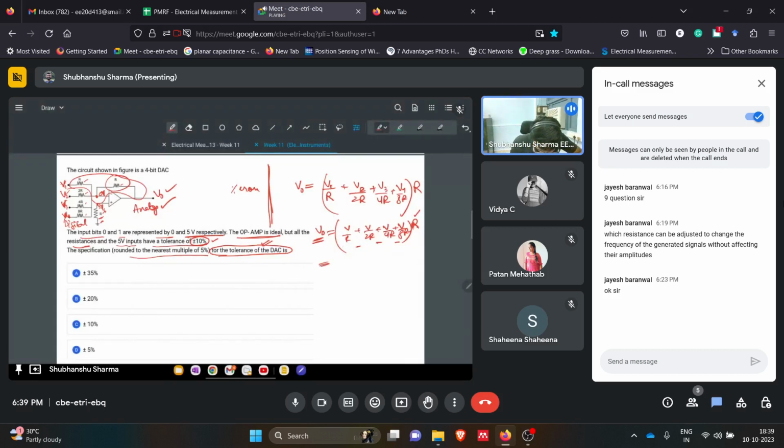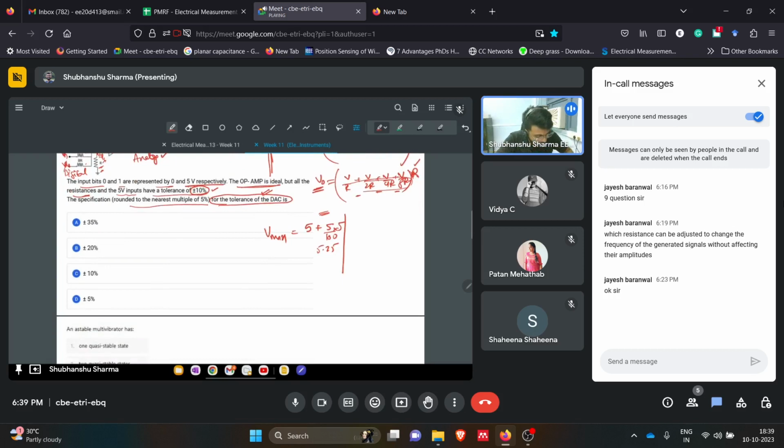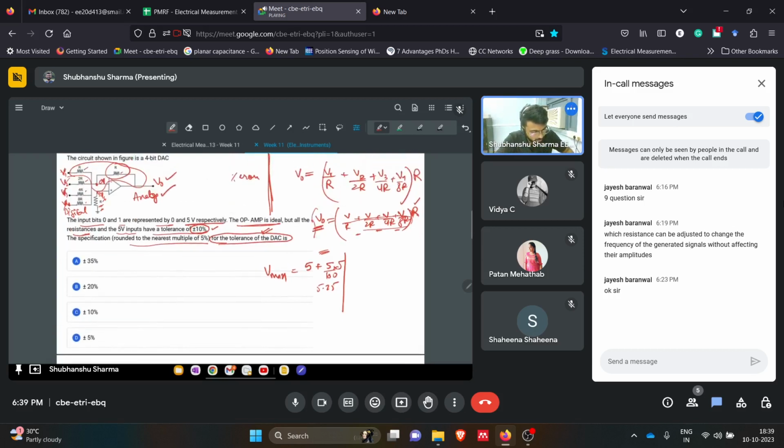We had tolerance in the resistors, and in the 5 volt inputs also we have a tolerance. So whichever thing is in the numerator, we will take that as the maximum value. That will be 5 plus 5 percent of 5, that will be 5.25. So this is the V max, and for the denominators we will be taking the minimum values, just to maximize this V naught.